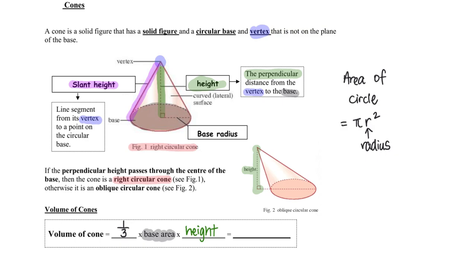And so if I already know the base area is pi r squared, and I use the letter h to denote my height, this is what people usually remember: 1/3 pi r squared h, where h is the height that is measured from the vertex, perpendicular to the base.